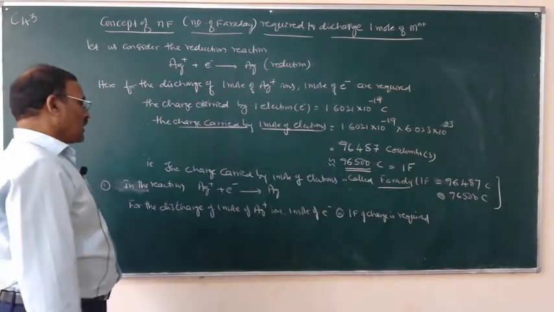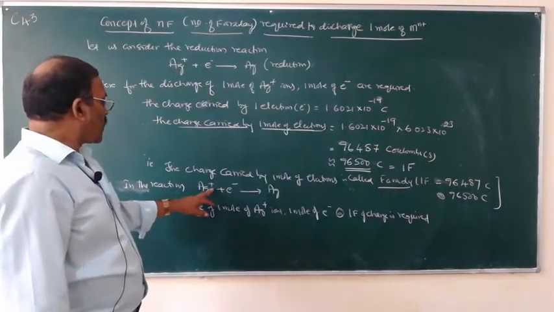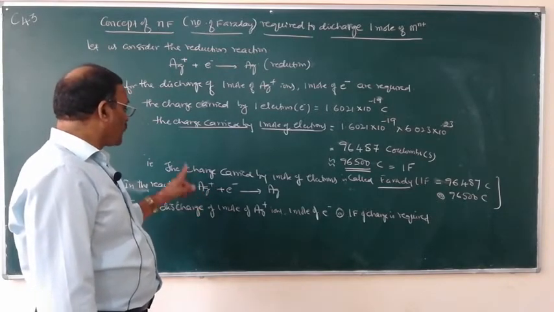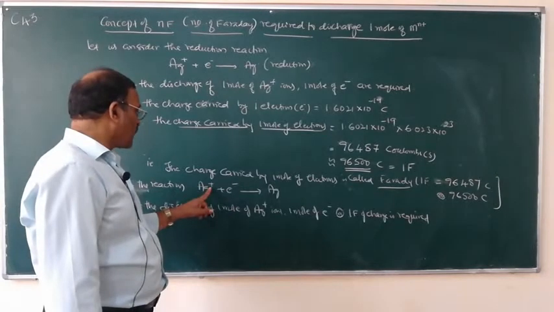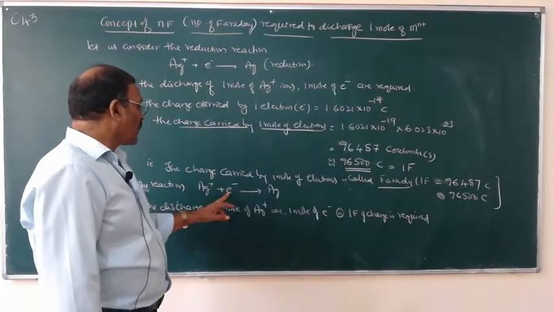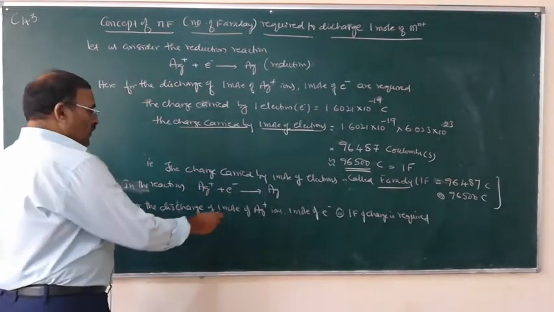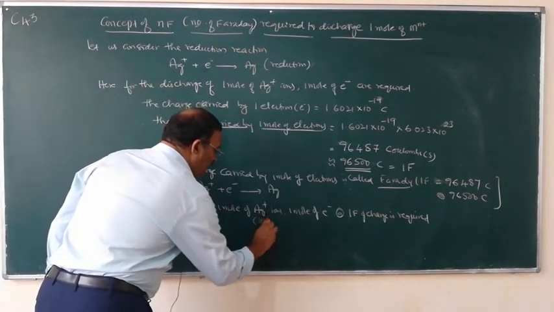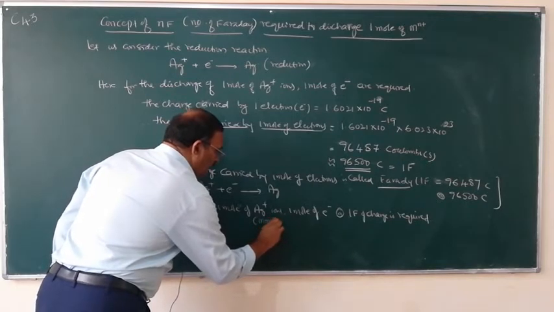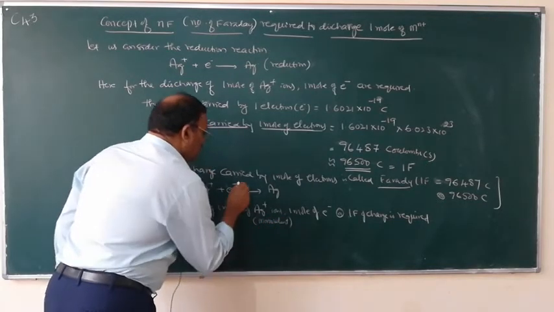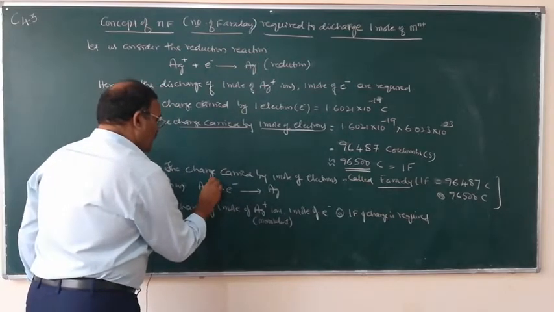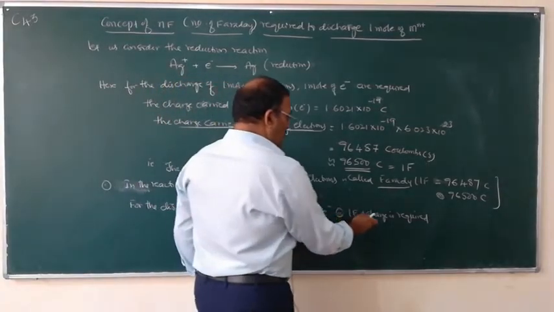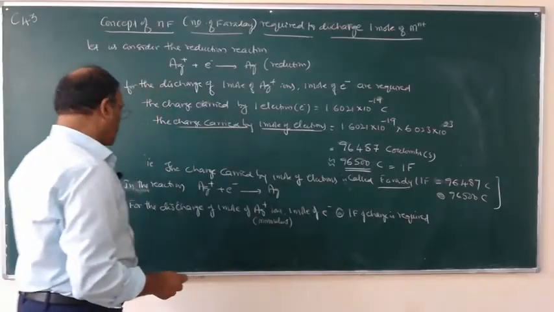Here Ag plus is a monovalent ion. For the discharge of 1 mole of monovalent positive ion, we need 1 mole of electrons. What is the valency of silver? Plus 1. It is called a monovalent ion.